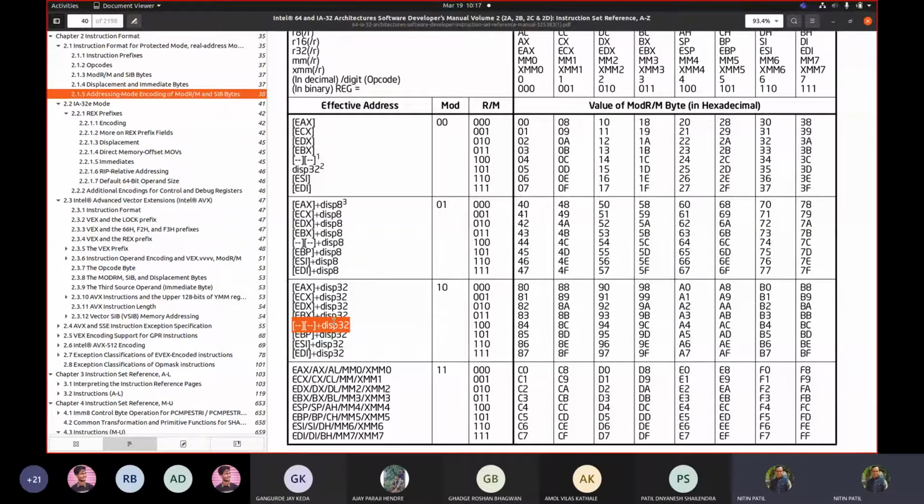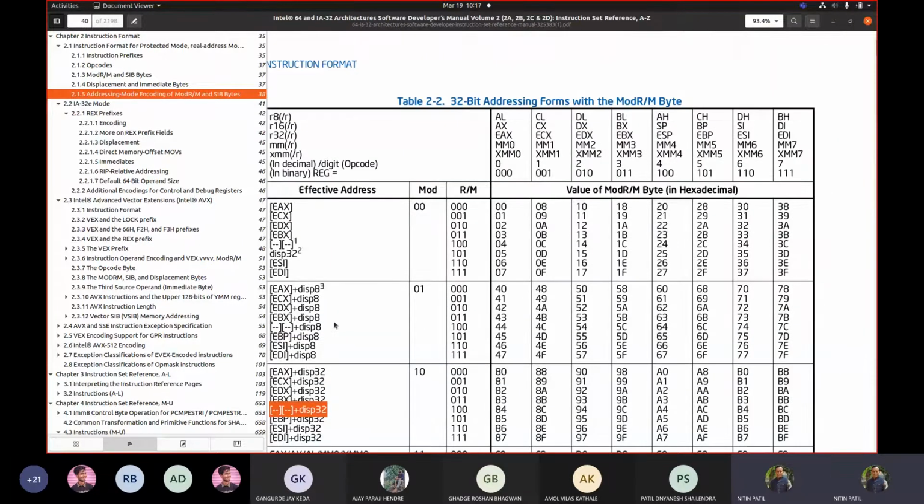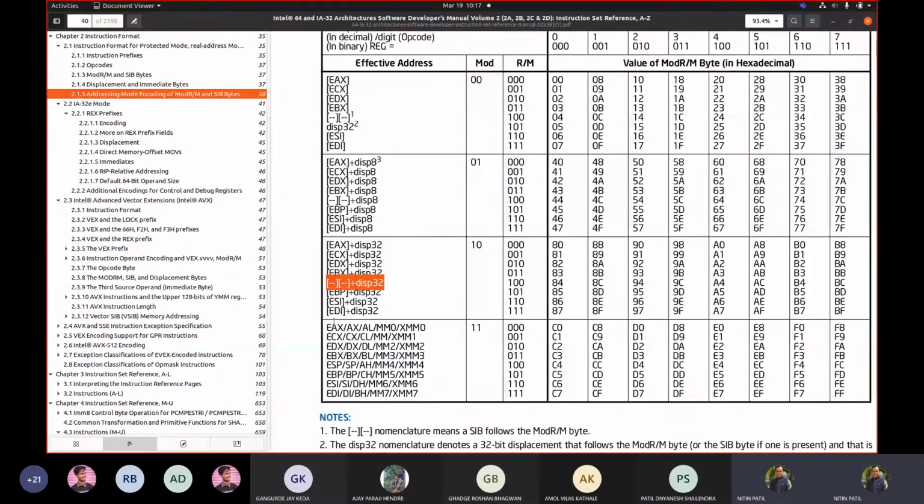Correct. Now if 84 is picked from here, with assumption that this is for 32, yes. If 84 is picked from this plus displacement, memory plus displacements, is my ECX included there?